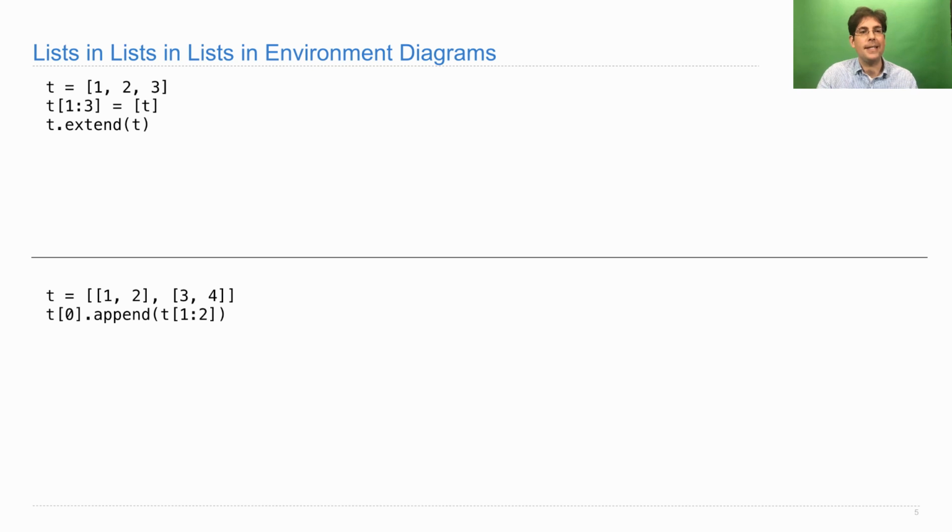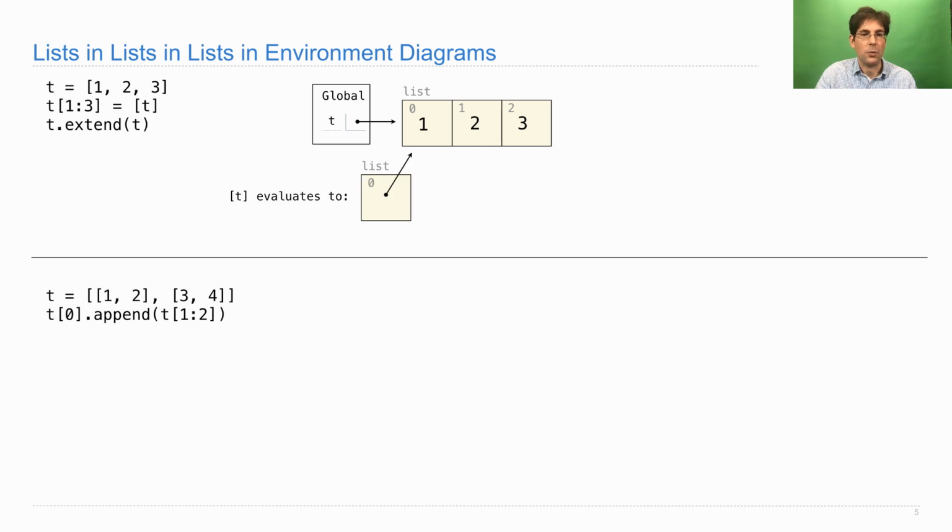Here's one. It says T starts out as the list 1, 2, 3. Then we'll perform slice assignment to set it equal to a list containing T. And then we'll extend T with T. Let's go through it. The first line says T is bound to the list 1, 2, 3. With slice assignment, just like regular assignment, we need to evaluate what's on the right-hand side of the equals.